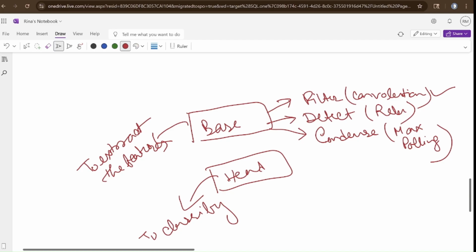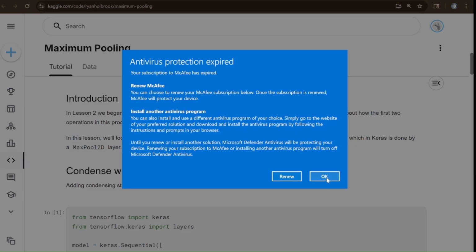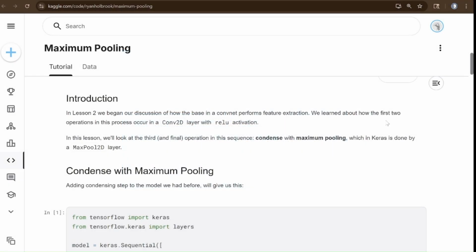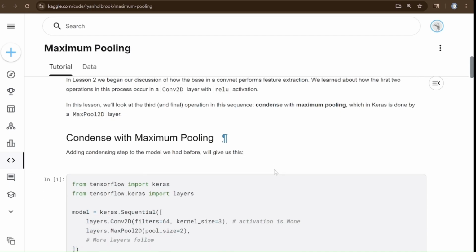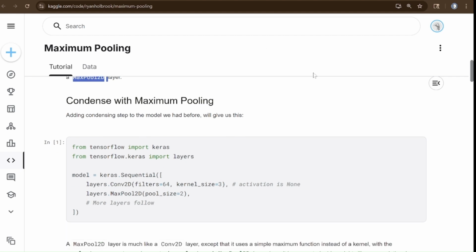Okay, we have already completed these two parts and today we are going to do this one. So let's start. In lesson 2, we began our discussion of how the base performs feature extraction. We learned how the first two operations occur in the Conv2D layer with ReLU activation, and in this lesson we are going to study condense with maximum pooling. It is done by the MaxPool2D layer, which is already in Keras.